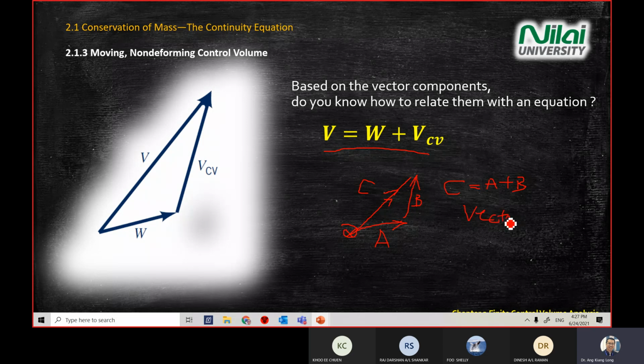Again, if you don't understand the principle of adding and subtracting vectors, open up your advanced calculus or advanced mathematics. There's a chapter on vectors. So try to understand how you draw vectors and how you calculate them.